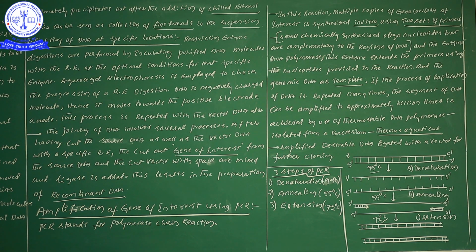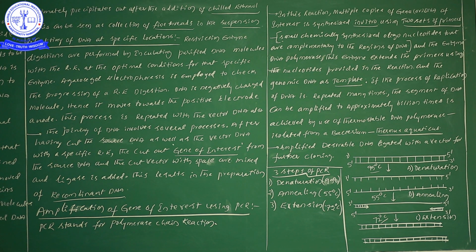If the process of replication of DNA is repeated many times, the segment of the DNA can be amplified approximately a billion times. This is achieved by the use of thermostable DNA polymerase, isolated from the bacterium Thermus aquaticus. Let me explain that information. In a PCR technique, what is the name of the enzyme we are using?